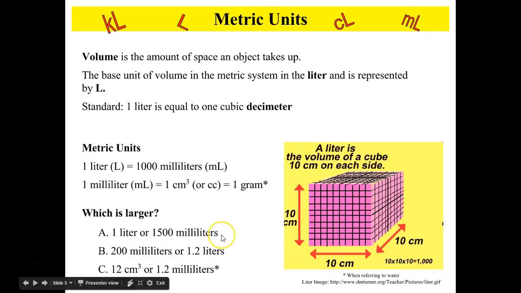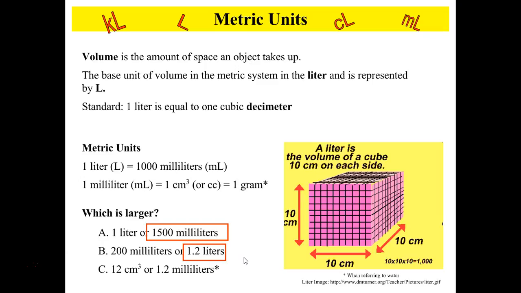Alright, if we're just comparing metric units, which is larger, 1 liter or 1,500 milliliters? In this case, 1 liter is less than 1,500 milliliters because 1,500 milliliters is greater than 1,000, and 1 liter is equal to 1,000 milliliters. If we look at 200 milliliters or 1.2 liters, 1.2 liters is our greater amount. 1.2 liters, if we converted it to milliliters, which we will learn how to do later, would be 1,200 milliliters.